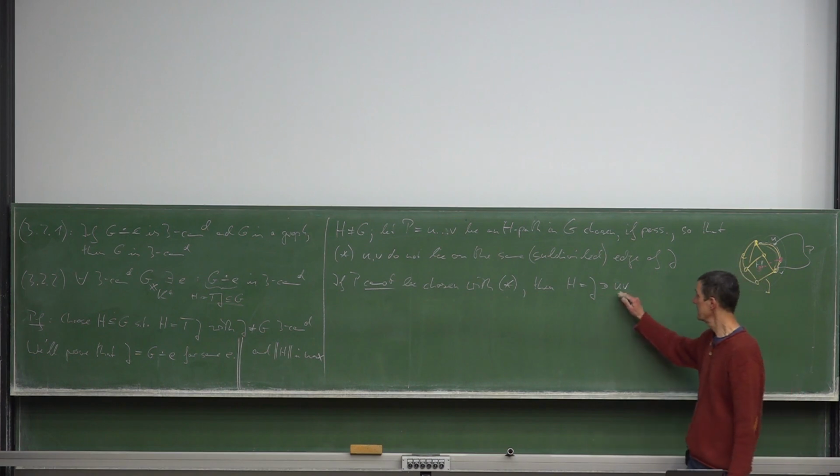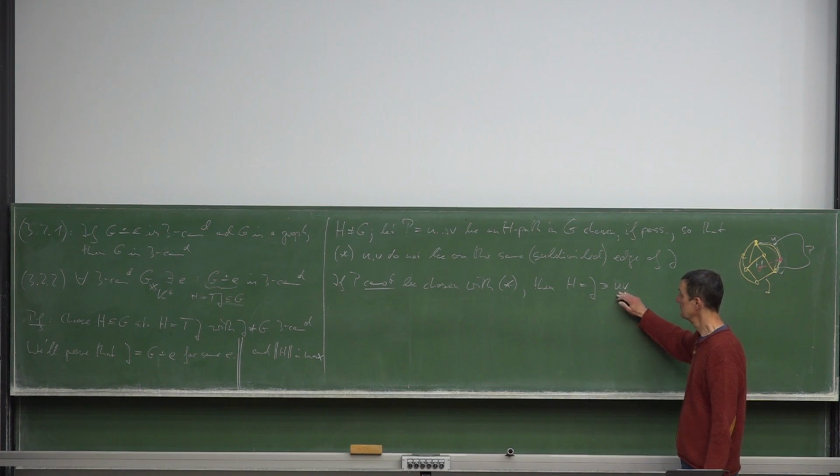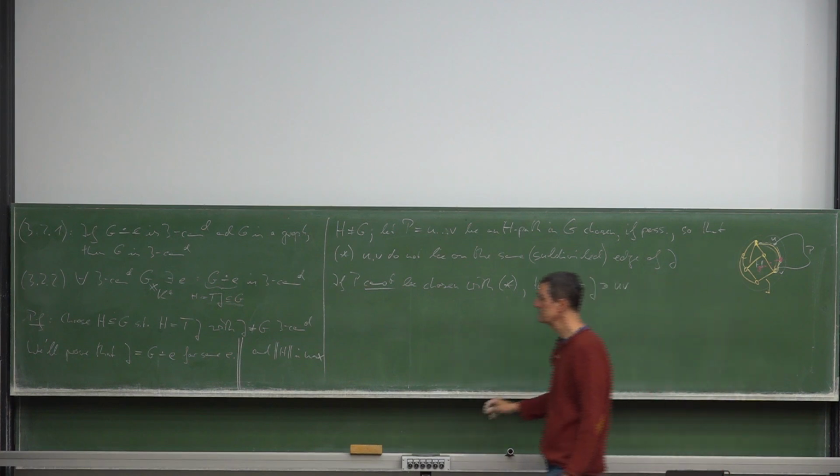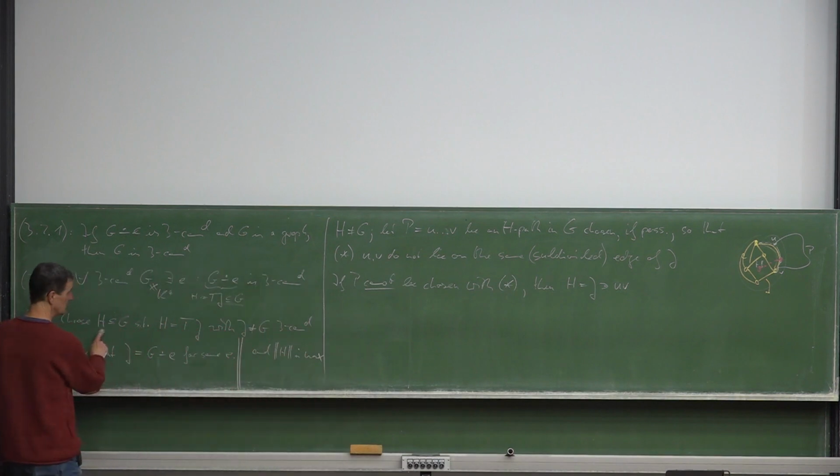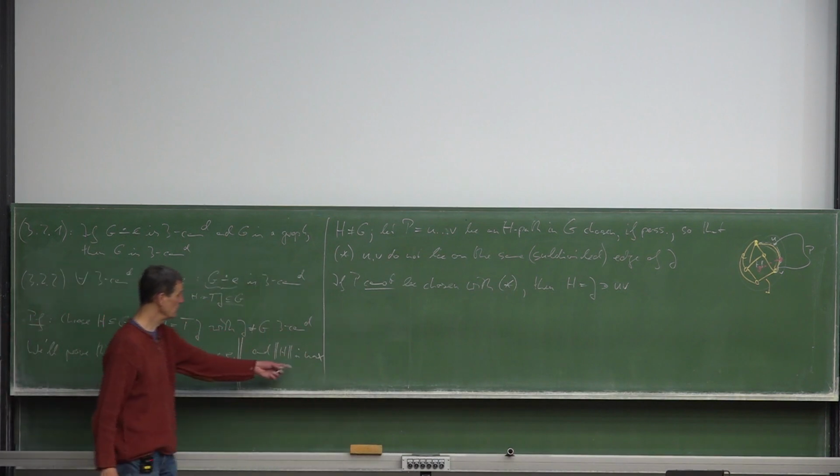So replace UV with P to get an H with more edges.